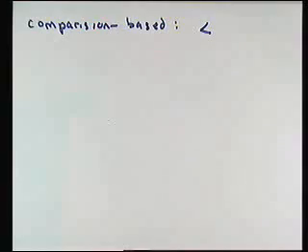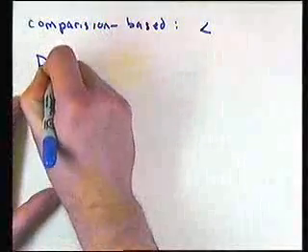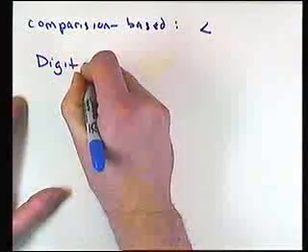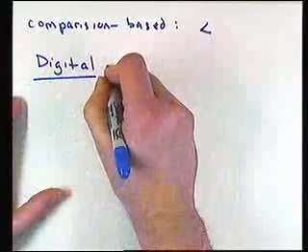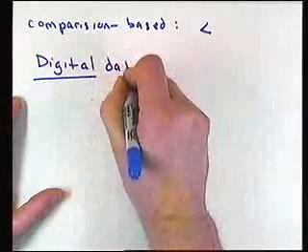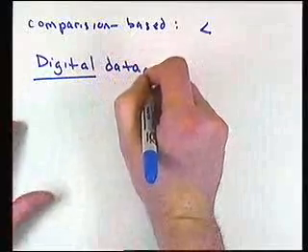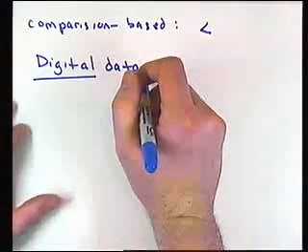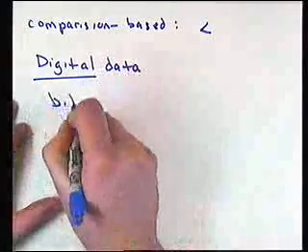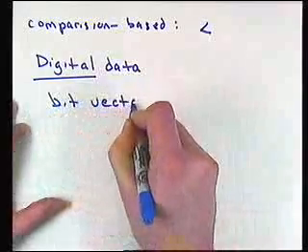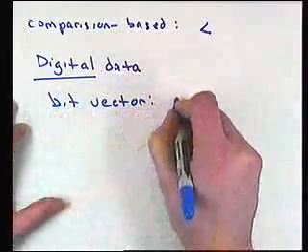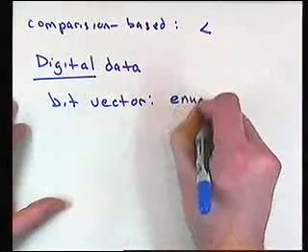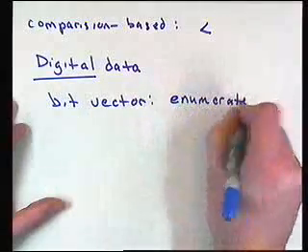And when we talk about digital data, we're usually referring to some kind of a type where there is something else besides comparisons that we're dealing with in terms of trying to categorize these types. So we looked at the bit vector, where it's not so much comparisons we're worried about, but instead we want to be able to enumerate the type.